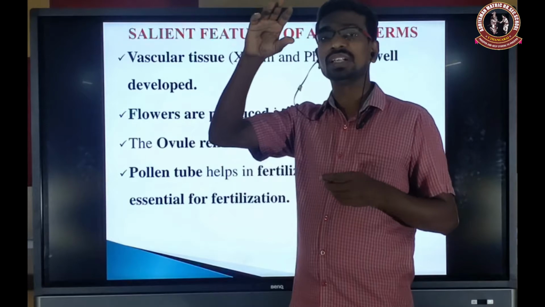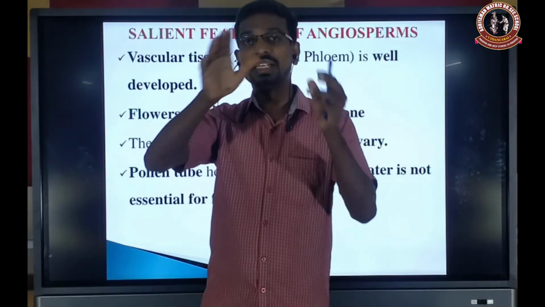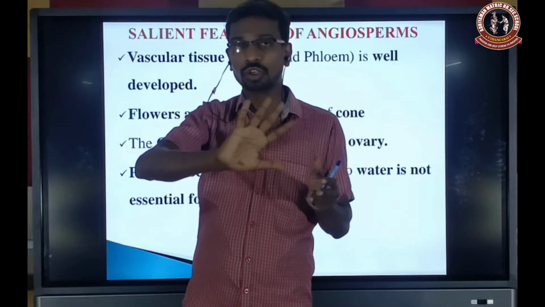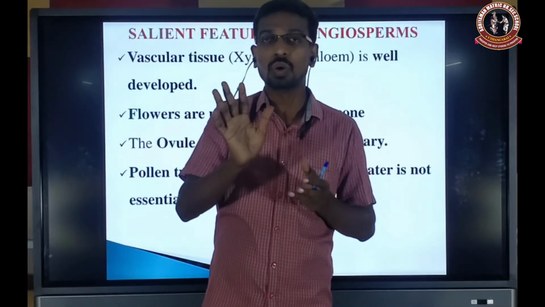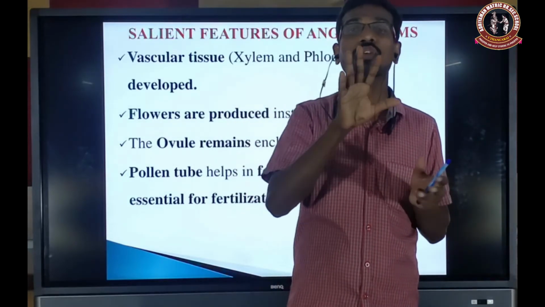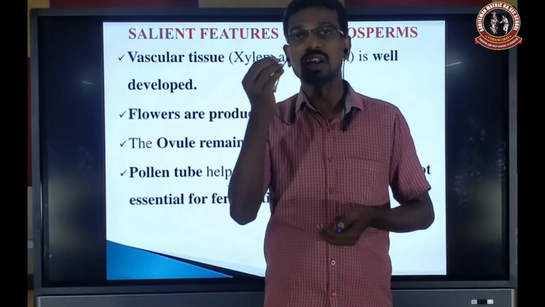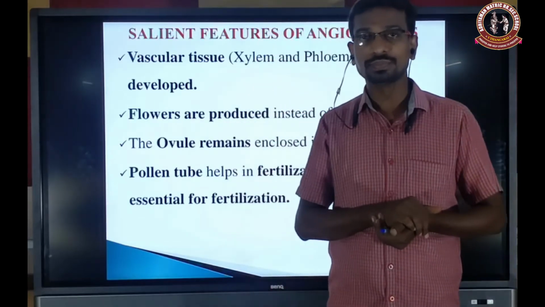The cone formation originated from pteridophyte, and the cone is dominant in gymnosperm. So what is a cone? A collection of micro and megasporophylls. The fertile leaf is called a sporophyll.